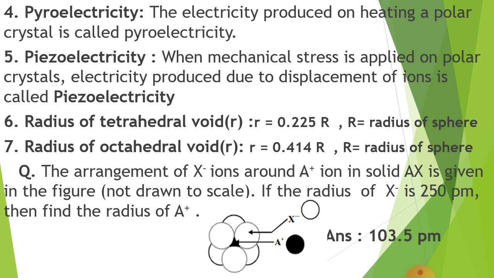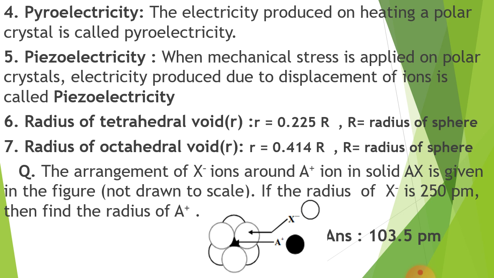That's why this void is known as an octahedral void. So for this void, we apply the formula r equals 0.414 R. Here capital R is the radius of the sphere, that is the radius of X minus, 250. On multiplying 0.414 into 250, we get the answer 103.5 picometer.